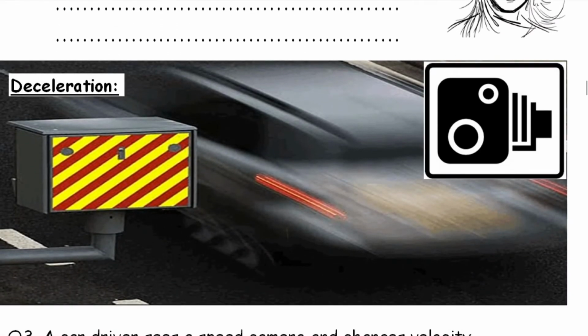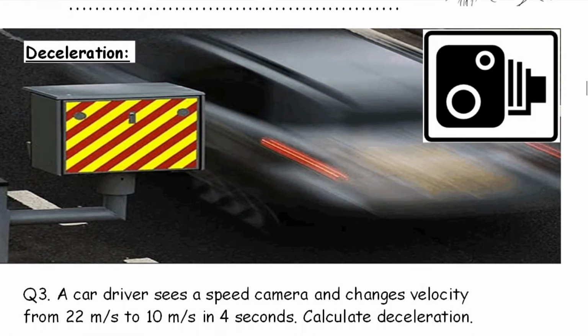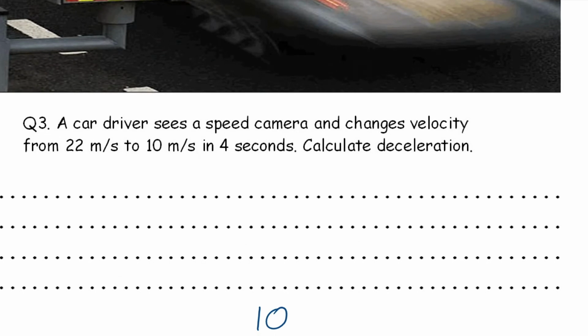Question 3. Car driver sees a speed camera, changes velocity from 22 to 10. It's a deceleration, therefore you should have a negative answer.